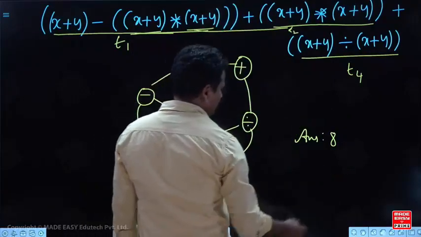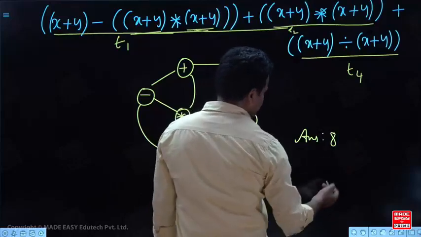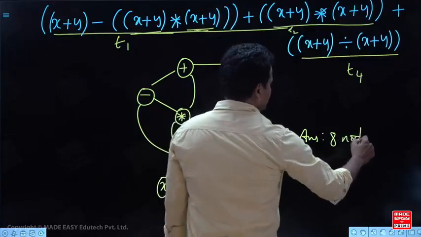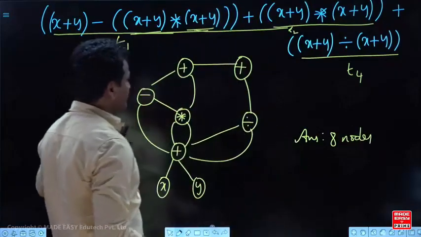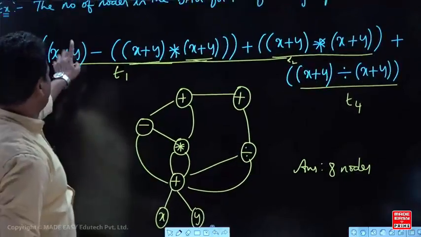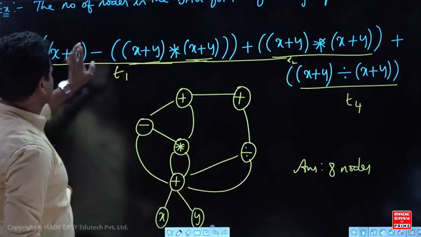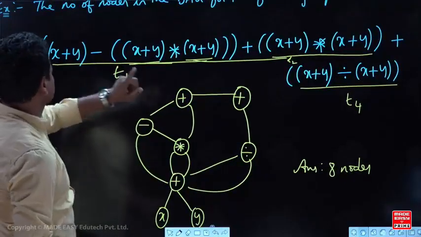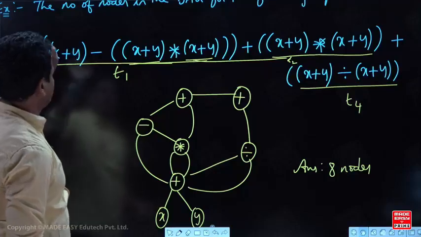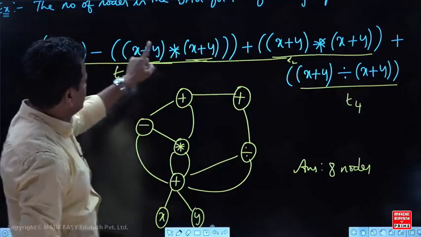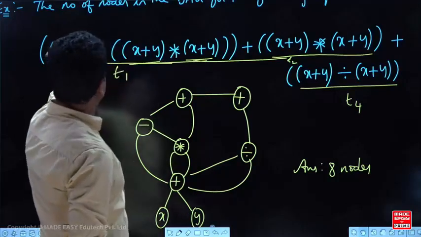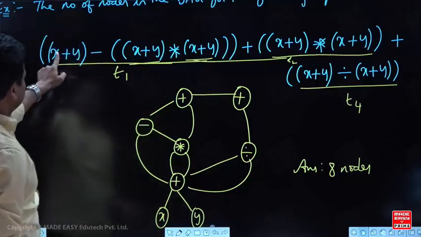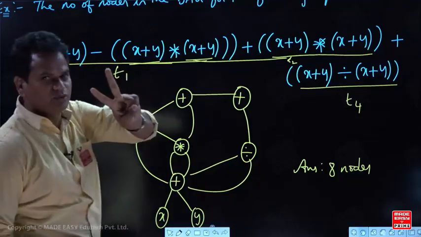So how have I counted this without constructing this DAG earlier? Simple. X and Y we have already created, so 2 nodes will be there. For plus, this is 1, 2, 3. X plus Y we already have, no? X plus Y, we will make use of this one. So this is X and Y, 2 nodes.